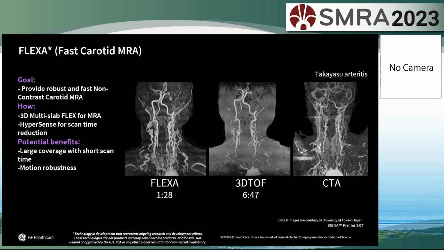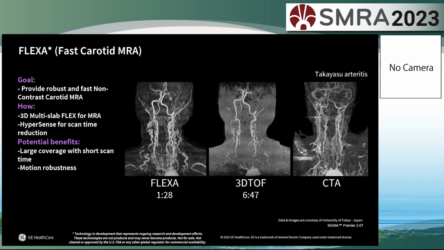The next slide is not related to our AIR Recon DL technology, but I'd like to share this application named Flexa for fast non-contrast enhanced carotid MRA, which is also our technology in development. Flexa is basically multi-slab 2D imaging with some optimization for the carotid MRA.